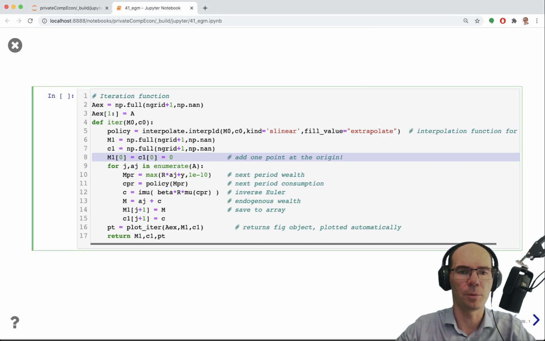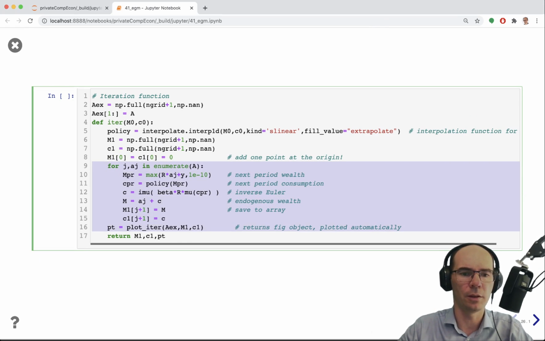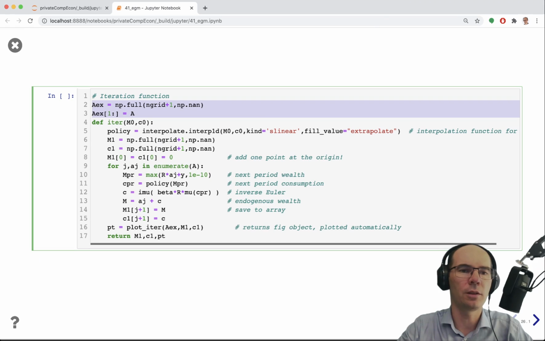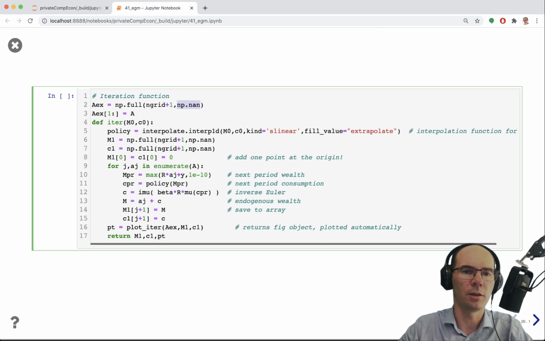And so this is what's happening here. And then this is the EGM step as before, except that now we're putting all of the points in the 1+ index compared to before. And also I've created here the extended A grid, which basically just adds a NaN at the first point.